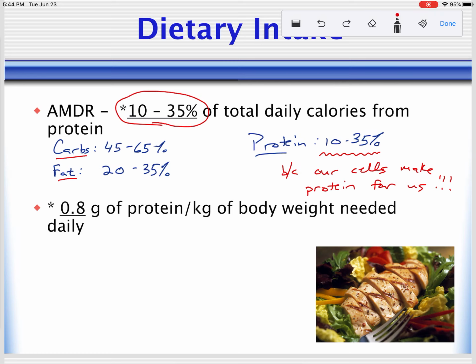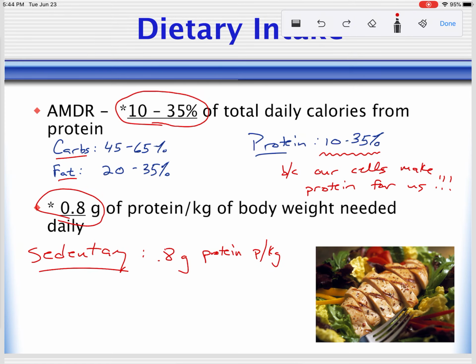All right, now, when it comes to protein, I would like you to know this number also. For a sedentary person, that is someone who is not athletic, not active. Couch potato, right? For a sedentary person, they need about 0.8 grams of protein per kilogram of body weight.